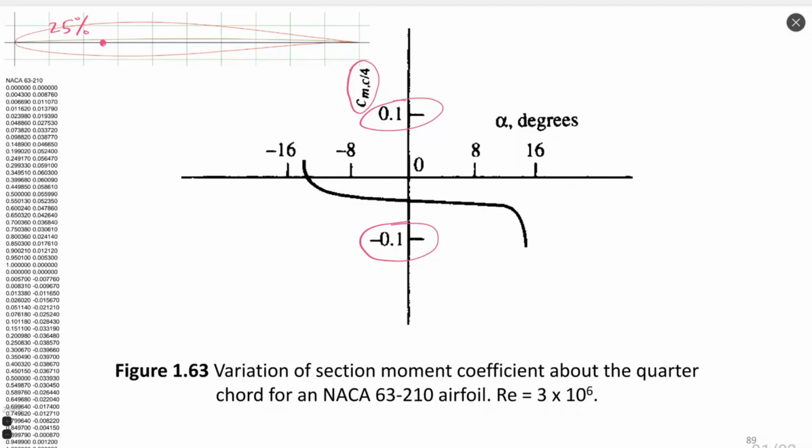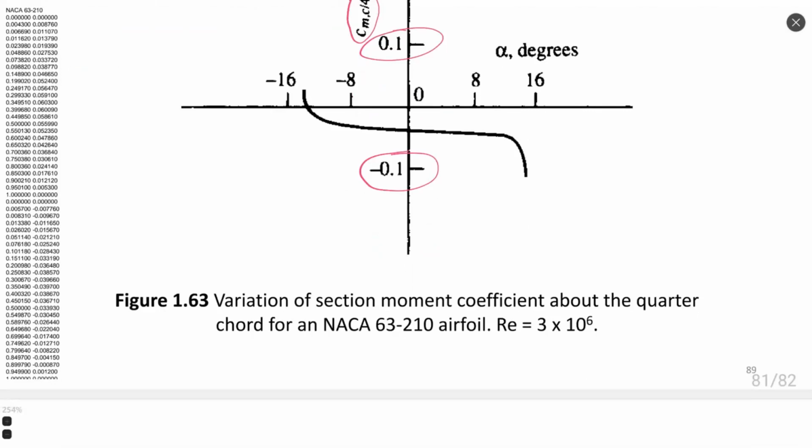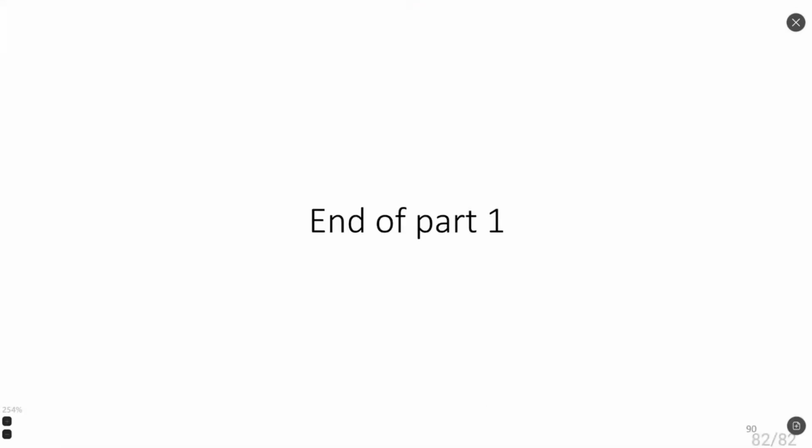As an example, I showed you an airfoil here. For any airfoil, we can find coordinates on the internet, so no problem to draw, to analyze, and to calculate at least the geometry. Okay, end of part 1.